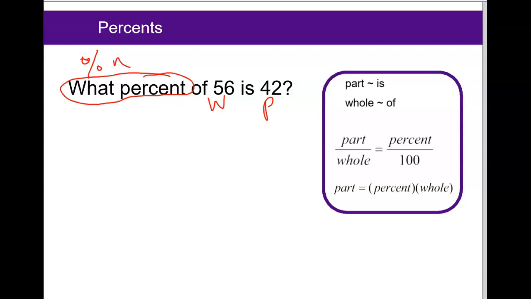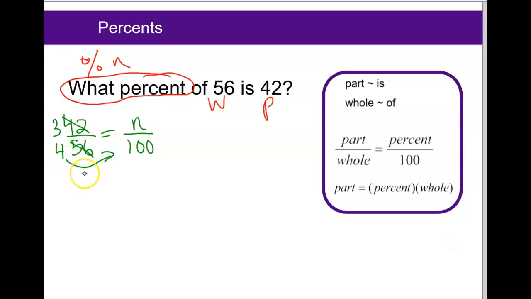So let's see how to solve this with a proportion first. Part over whole, so 42 over 56 is equal to percent, that's my variable, over 100. I can solve this by cross multiplying, or I could recognize that 42/56 could be reduced. 14 goes into 42 3 times, and it goes into 56 4 times.